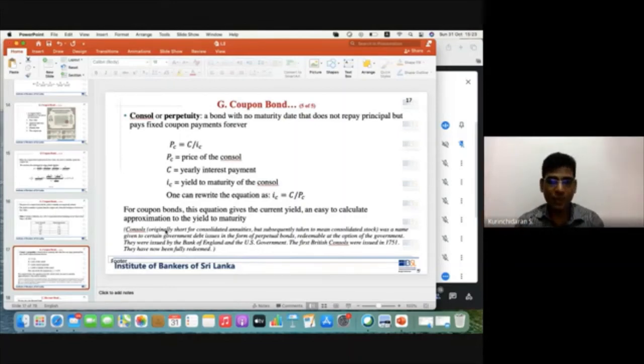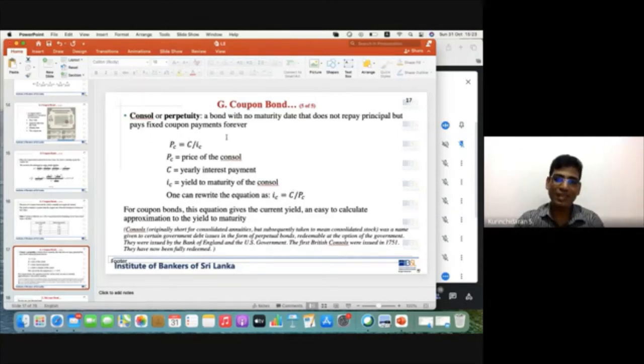If you want to see the price of that console, you take the coupon and divide by the interest or yield to maturity, and you will get the price. Or if you want to get the yield to maturity, you take the coupon and divide by the price. So it's the other way around.